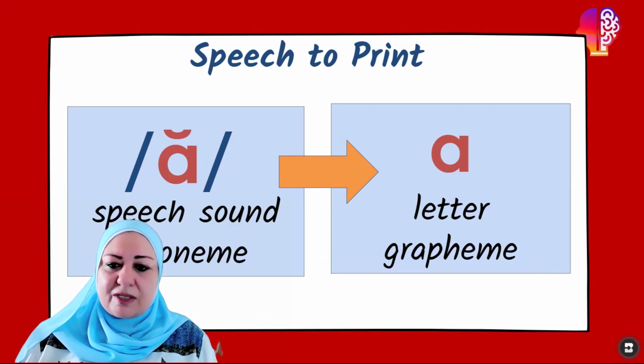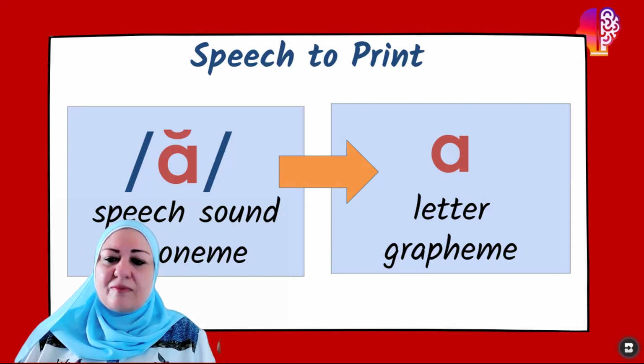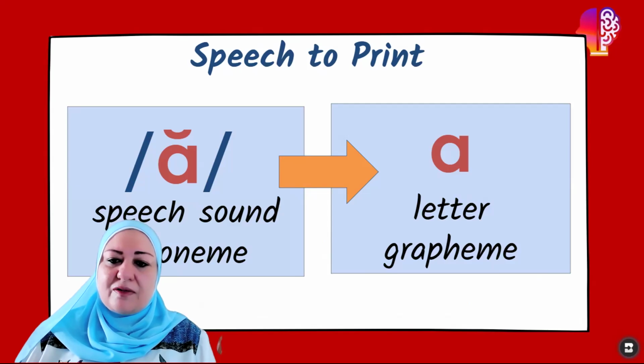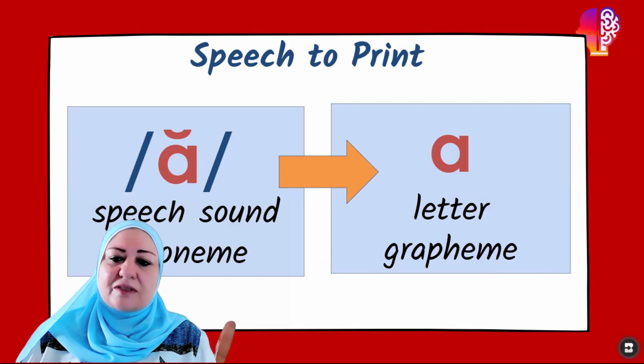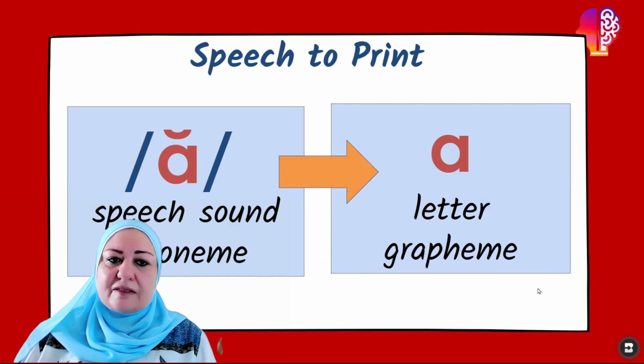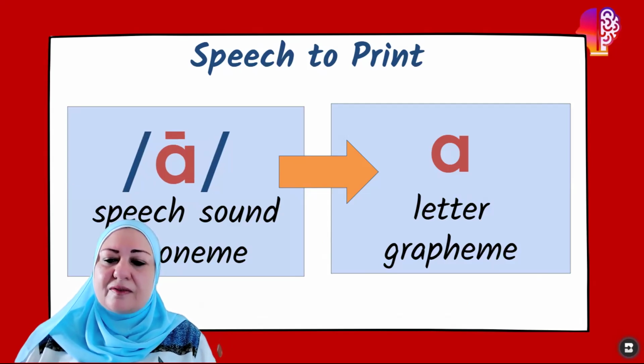And if you watched my last video about the short vowel sounds, I talked about this little curve on top of the letter between the two slash marks, and that's called the breve. That tells you that we're talking about a short vowel sound. And if you see this mark that looks like a dash on top of the letter, that means it's a long vowel sound.